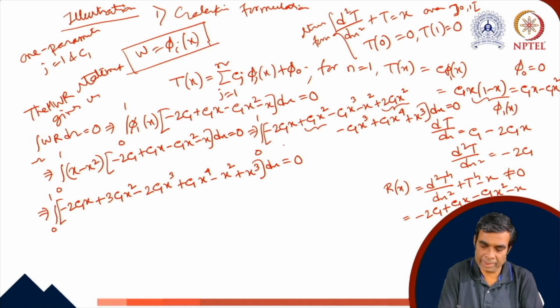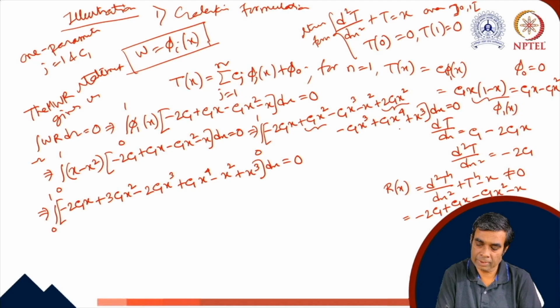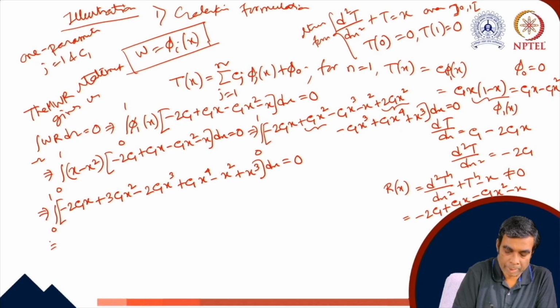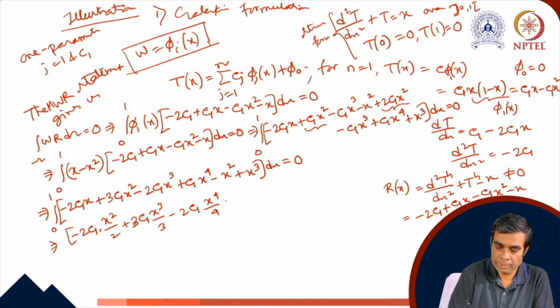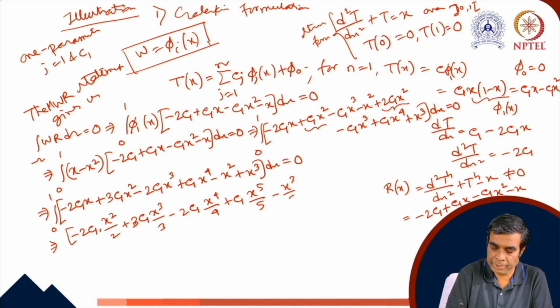I just check it once. Minus 2C1x plus 3C1x square minus 2C1x cube plus C1x to the power 4 minus x square plus x cube dx equals 0. After performing the integration, we get minus 2C1 into x square by 2 plus 3C1 into x cube by 3 minus 2C1 into x to the power 4 by 4 plus C1 into x to the power 5 by 5 minus x cube by 3 plus x to the power 4 by 4, from 0 to 1, equals 0.